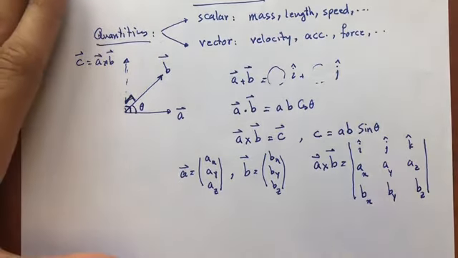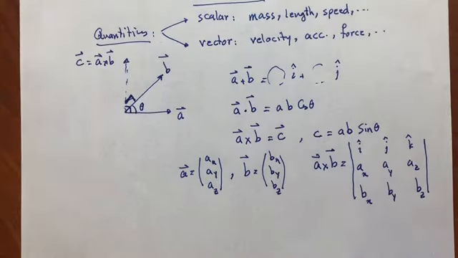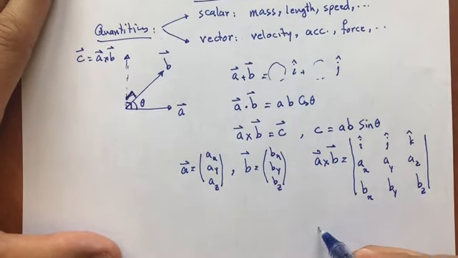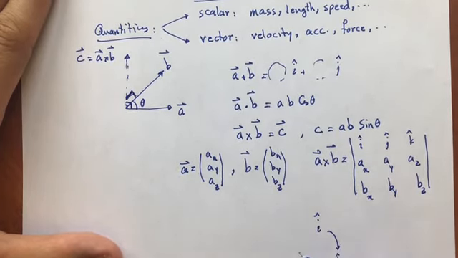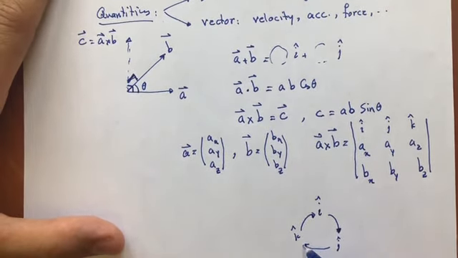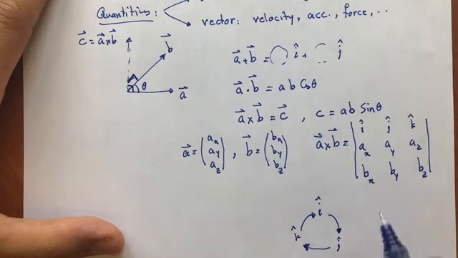And also another way to calculate the cross product is using this diagram, if you remember. So if you show i, j, k on a circle and consider the clockwise direction as your positive direction, then i cross j is k based on this diagram. j cross k is i. k cross i is j.